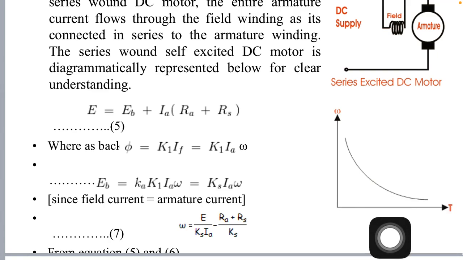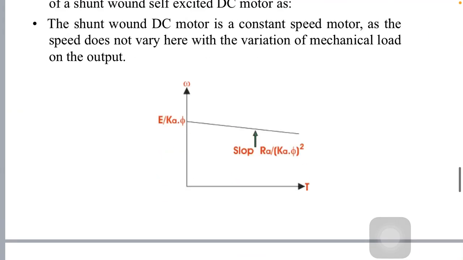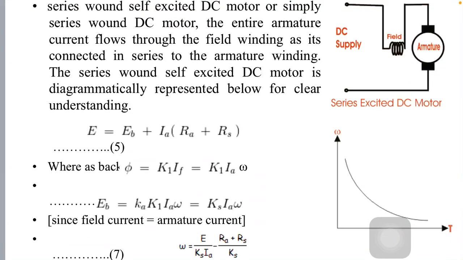Okay, now what is the difference in the equation? So you can see over here, in a shunt motor, Rsh is the shunt resistance of the field, and Ra is the armature resistance.